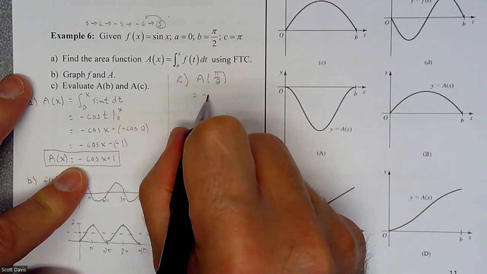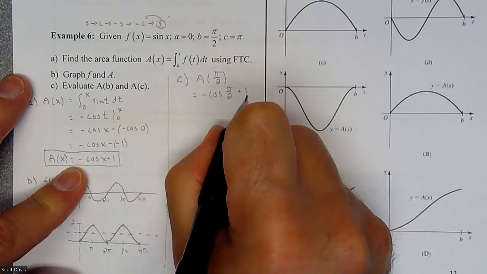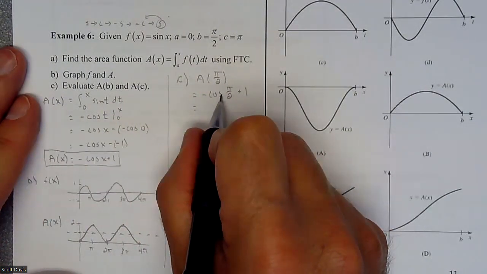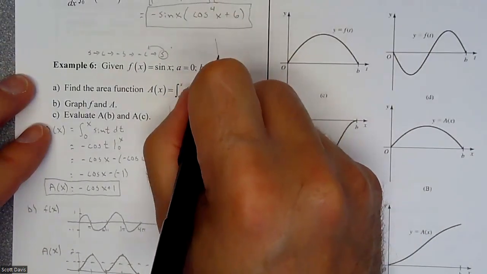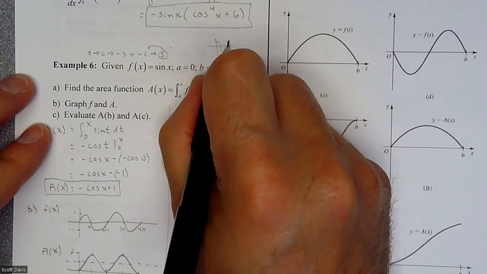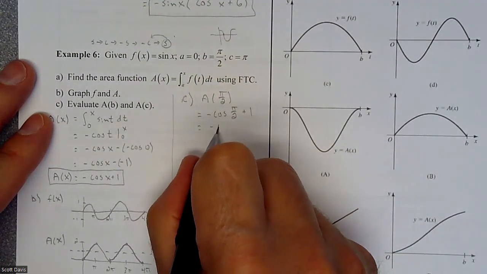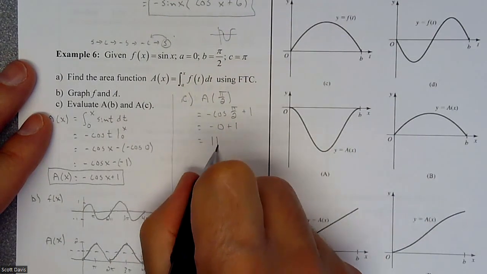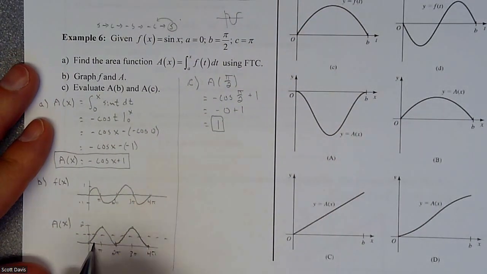We're looking at negative cosine of pi over 2 plus 1. Cosine of pi over 2 is 0, if I think of the cosine graph. A cosine graph looks like that, and that's pi over 2, so cosine is 0. So it's a negative 0, really just 0, plus 1. That adds up to 1. So the area at pi over 2 is 1.